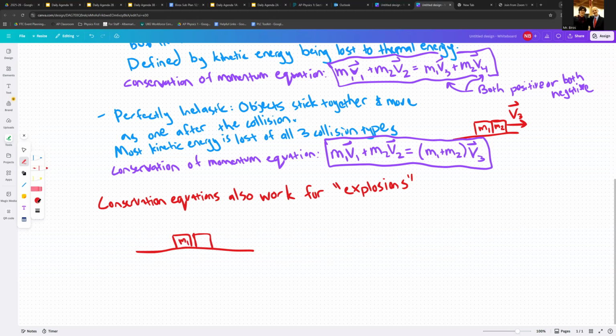I guess it's not always the case, they could be moving together. If they're moving together, they would have one single velocity v1 before the explosion, because this one's not a collision. Here, your objects start together.